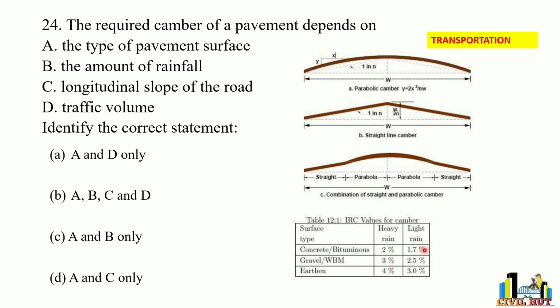For light rainfall it is 1 in 60, for heavy rainfall 1 in 50; then 1 in 40 and 1 in 33; for earthen roads 1 in 33 and 1 in 25. So it is based on the rainfall and also the type of pavement. Option C is the correct answer.